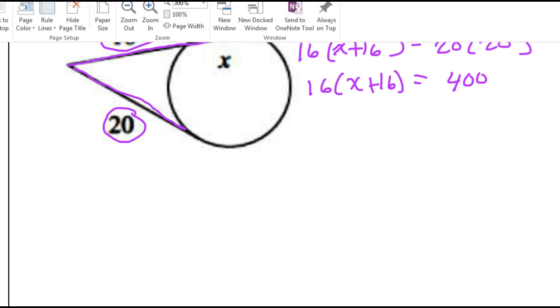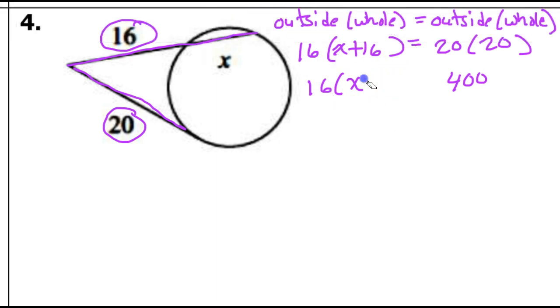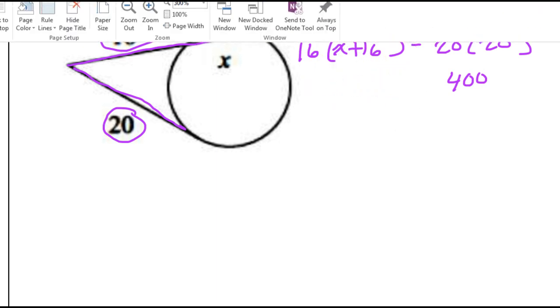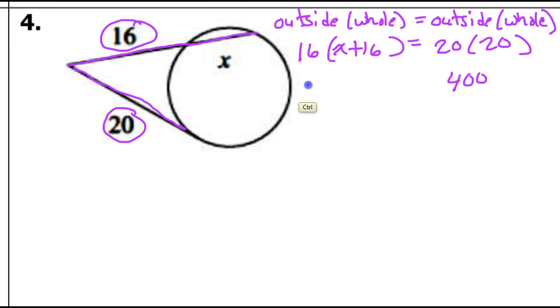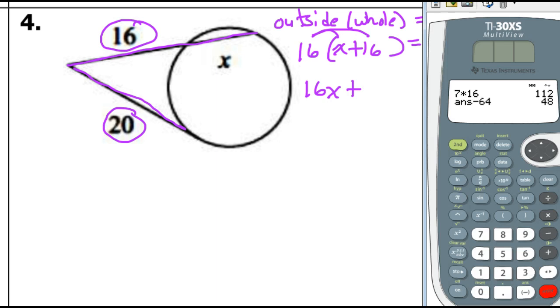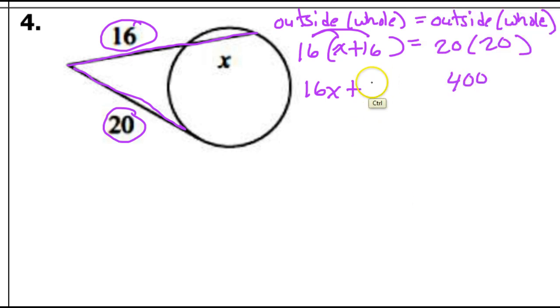You know what? I might as well have done the distributive property on that step. So this will be 16x plus, right? Because I'm doing the distributive property. That's what I thought, but I wasn't sure. So 256 equals. Now I will subtract 256 from both sides.